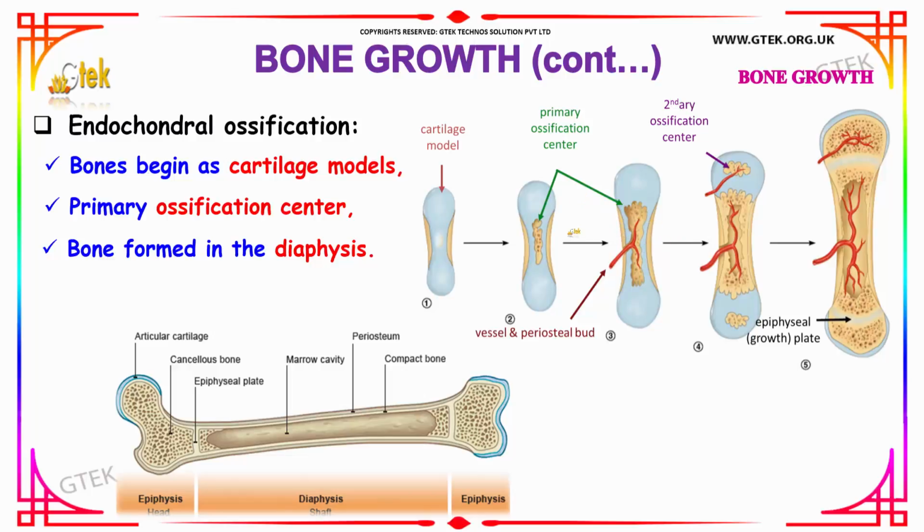So this development is done by your osteoblasts, and your primary ossification center is nothing but your endochondral ossification. At this stage, you will have your diaphysis formed from the cartilage into a complete bone. So, the initial development of the diaphysis is what takes place in the primary ossification stage.